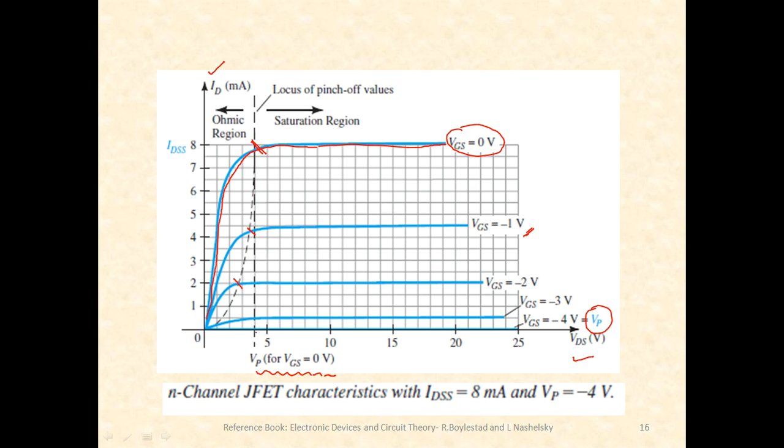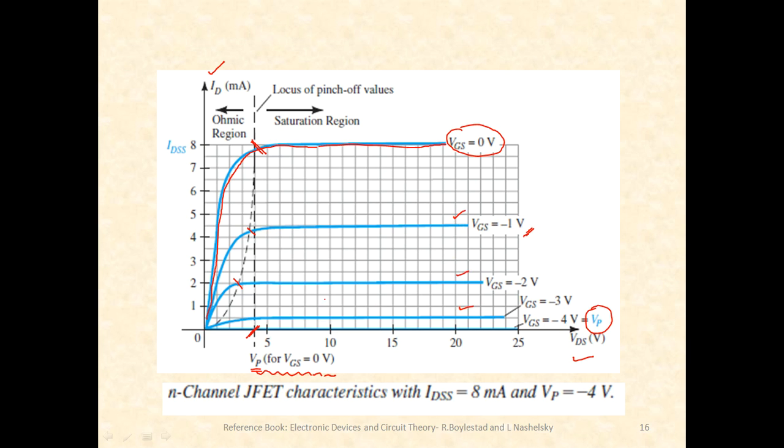I am just drawing a vertical line so that VP is the pinch off voltage when VGS was 0 volts. Now I am increasing the gate to source voltage, so that I get lesser and lesser current, and finally when VGS was equal to minus 4 volts, the current became 0.